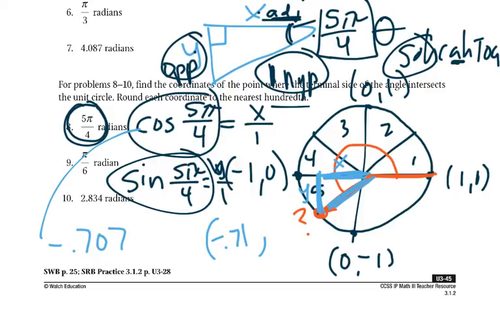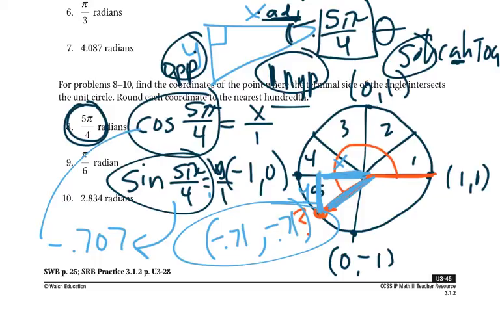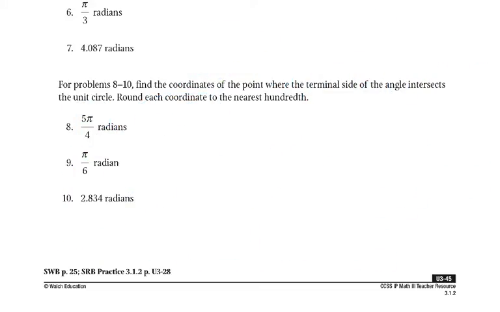I type in sine of 5 pi over 4, and interestingly enough, we get the same thing, negative 0.71. So the coordinate for this point on the unit circle is negative 0.71, negative 0.71.